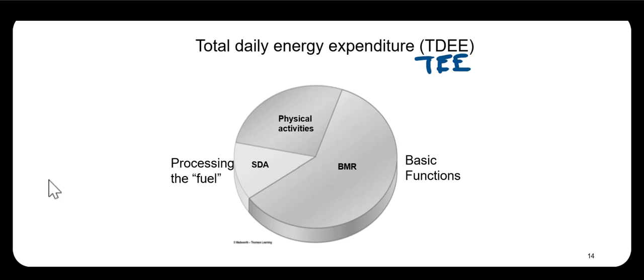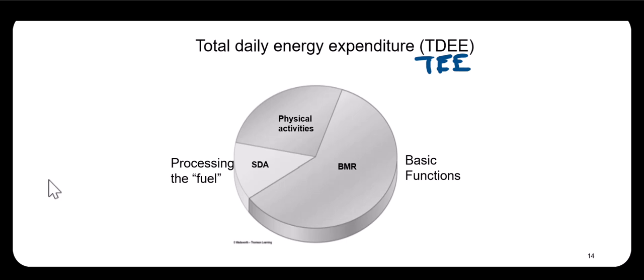Okay, so let's talk about total daily energy expenditure or total energy expenditure, just quick. So it's made up of different things, and of course, who you are and what you're doing. We'll put some variation in our little pie chart, but a lot of your fuel goes to your BMR, keeping you alive, running your vital organs, your vital functions.